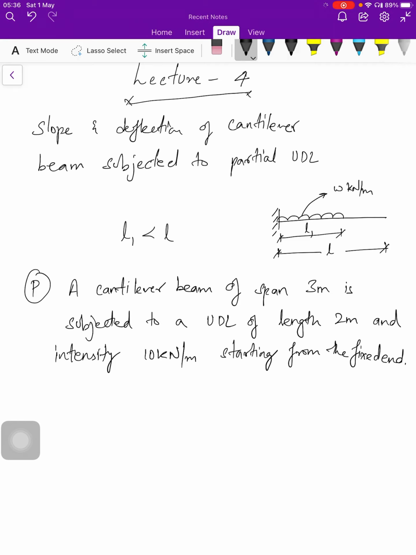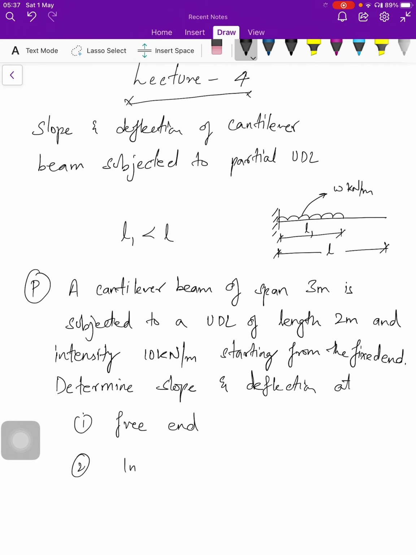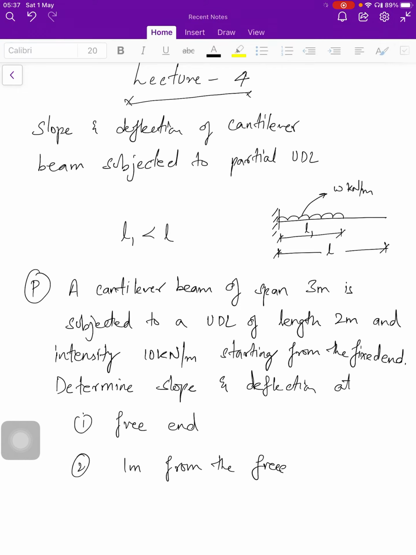Determine the slope and deflection, first at the free end, and second at 1 meter from the free end.